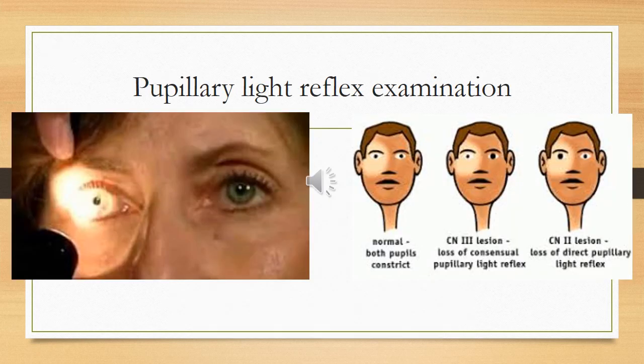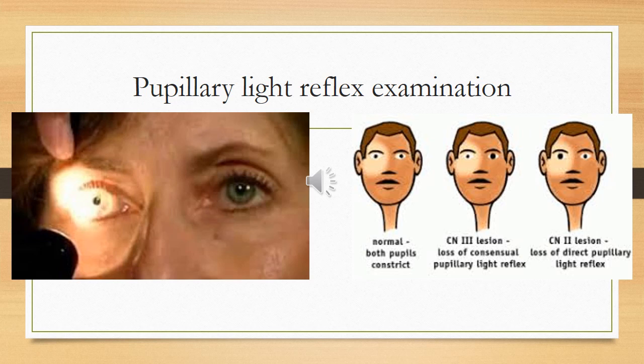The last part of the examination of the optic nerve is the pupillary light reflex, which examines both the optic and the oculomotor nerve. Ideally, the pupillary reflex examination should be done in a dark room.